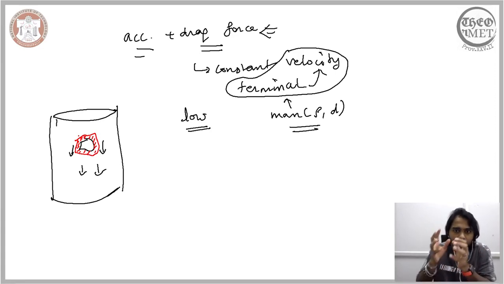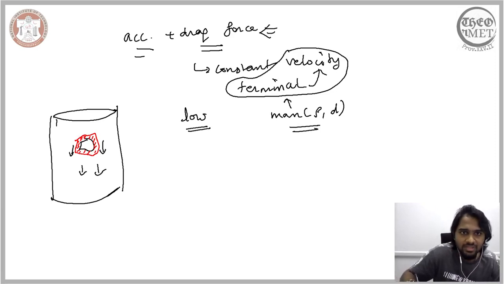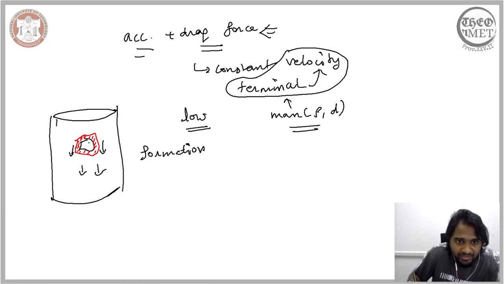So when a particle is progressing through the barrel at a very low velocity, the first event that happens is the formation of a surrounding that blankets your particle, a formation of a blanket. This blanket comprises the medium.